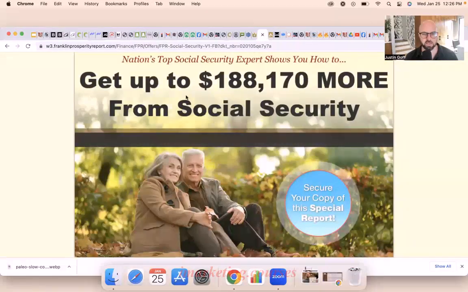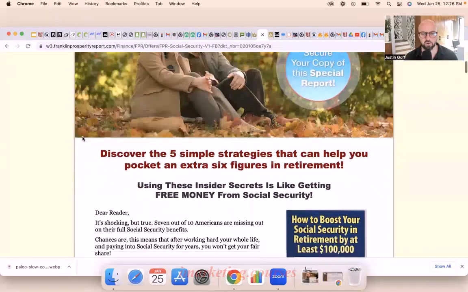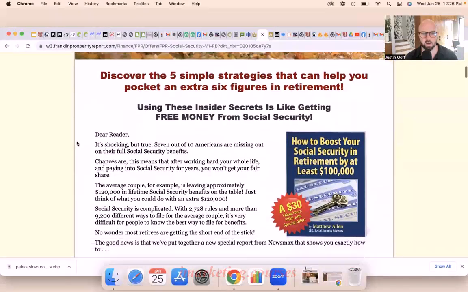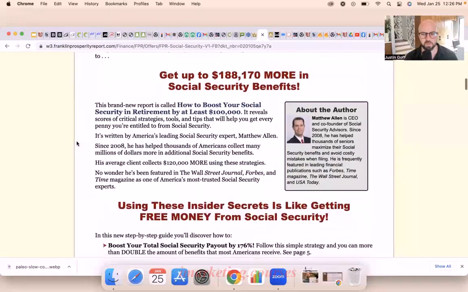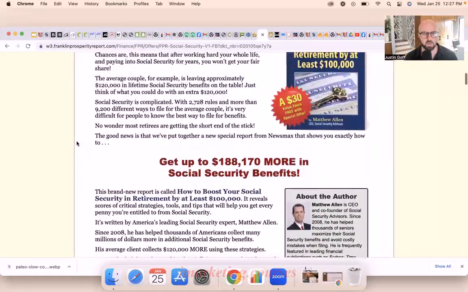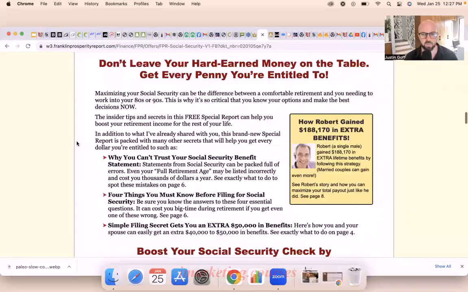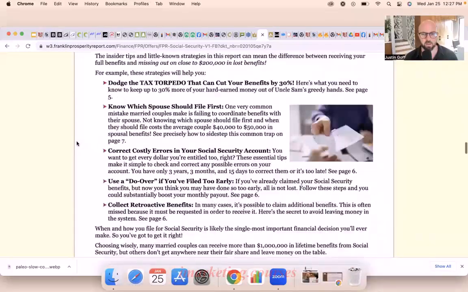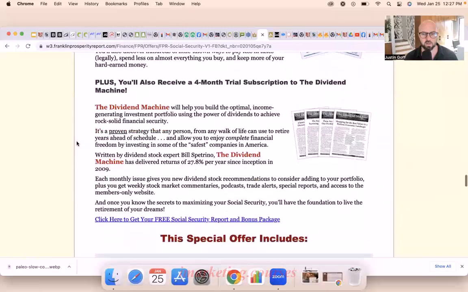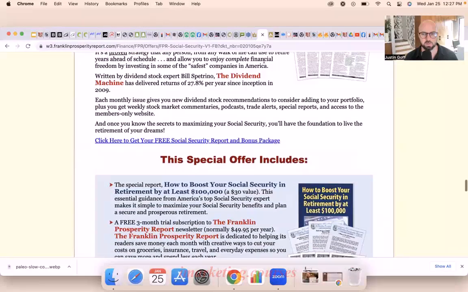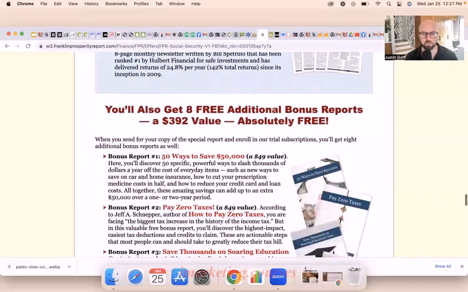This is one that Newsmax is running for Social Security. Get up to 188,000 more dollars from Social Security. Very low ticket offer that I think they're running on Facebook and a couple other places. Just lots of bullets, and then you're getting some type of newsletter from them.